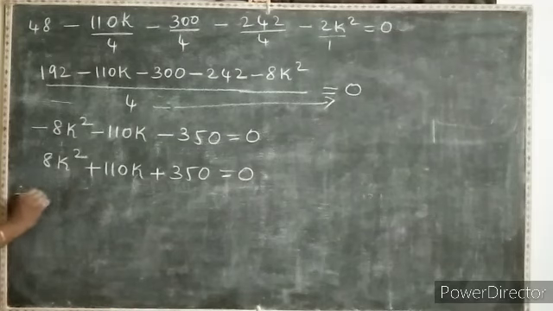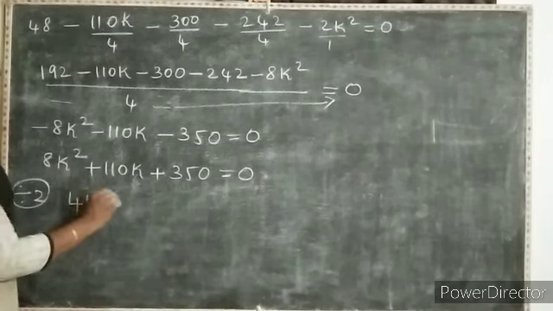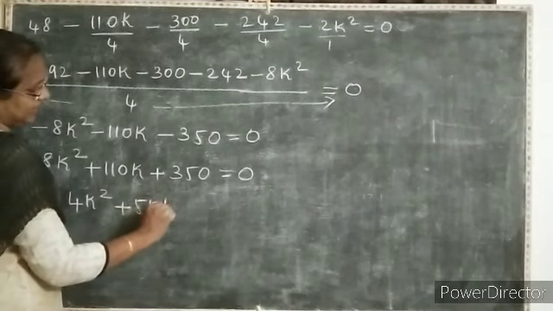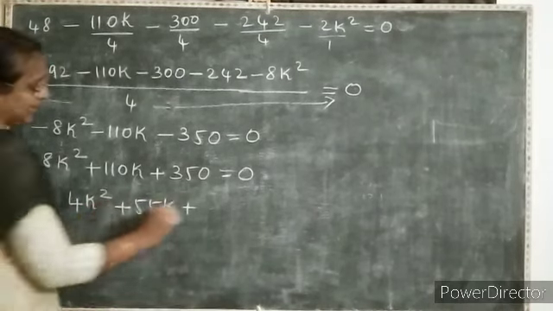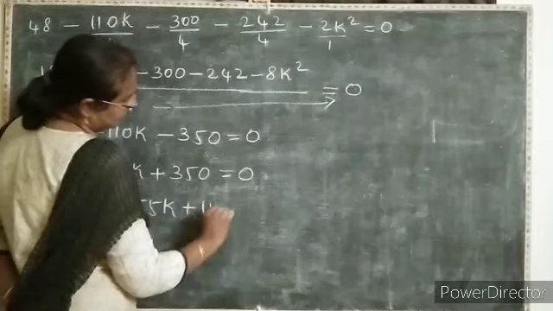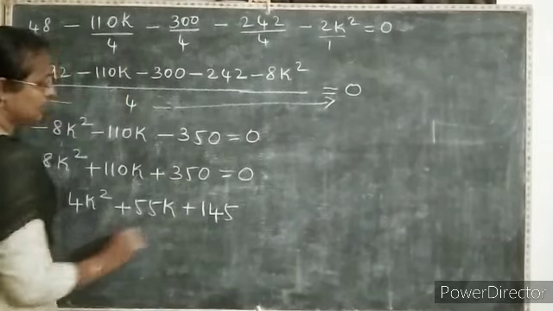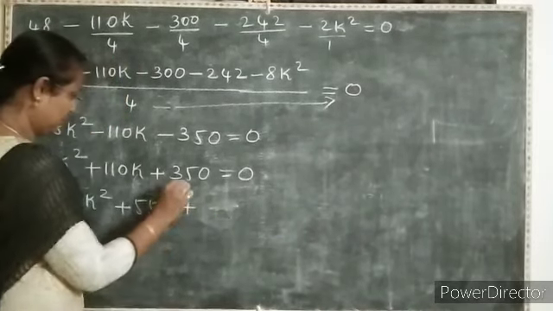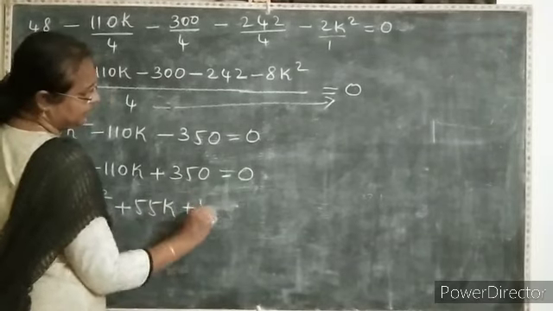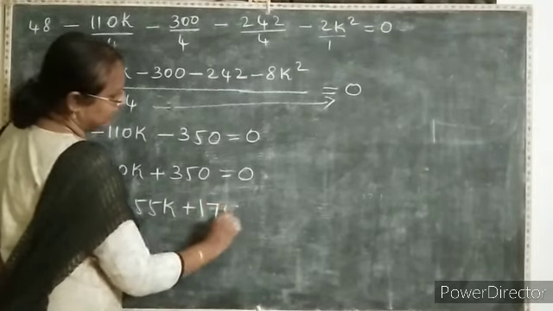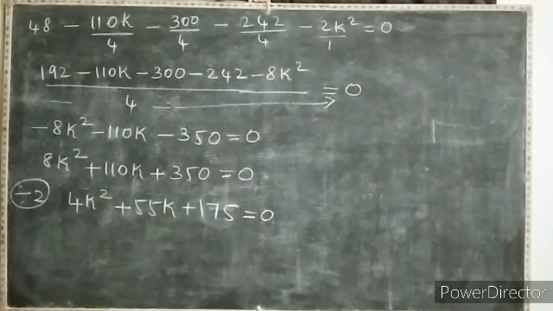So divided by 2. When you divide it by 2, what will you get? 4K squared plus 55K plus what will you get? 145. Isn't it? No, sorry. 2 ones are 2, 2 sevens are 14, and 175 is equal to 0.